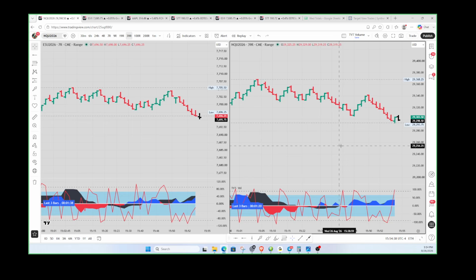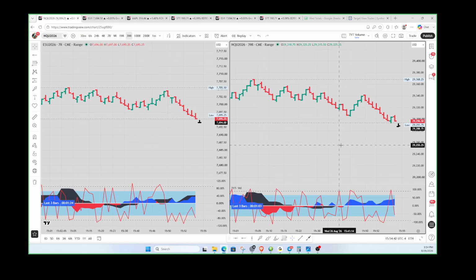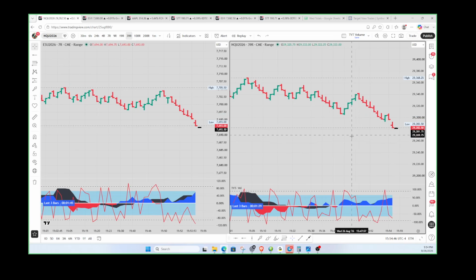In Webull, and TradeStation, and Thinkorswim, and just a bunch of things.